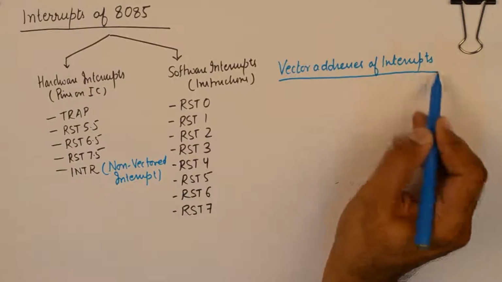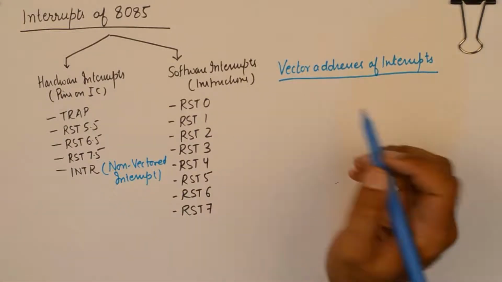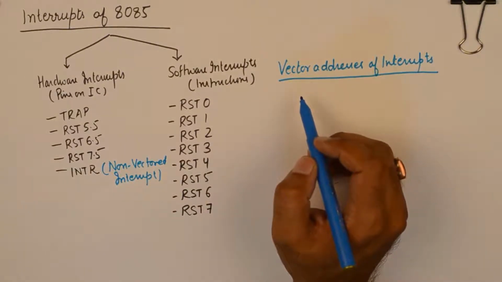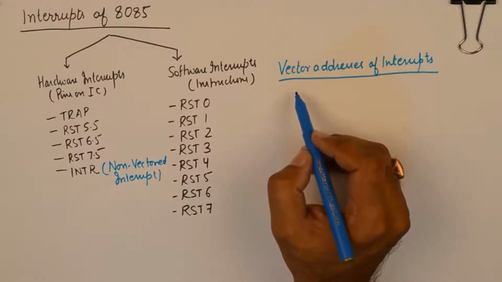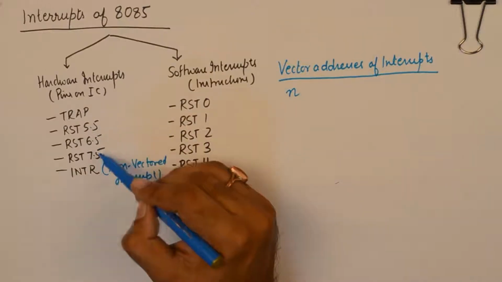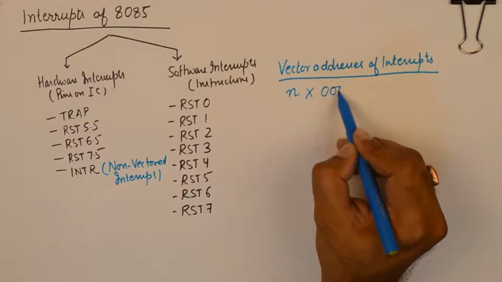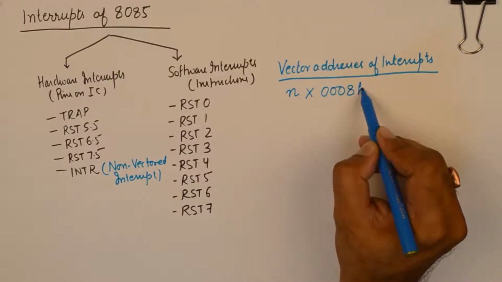And how do you calculate the vector addresses of these interrupts? This is pretty simple. This is a trick that you can follow to calculate the vector addresses instead of learning them. Vector addresses are calculated by the number which is specified along with the RST multiplied by 0008H.